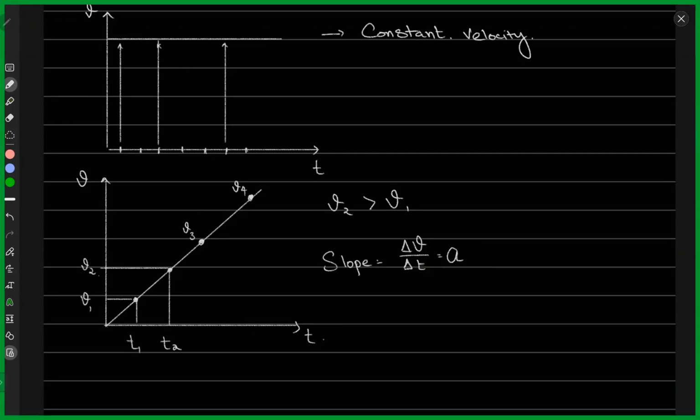So this means that this slope represents a constant acceleration, right? It's just going to be a constant number, which is not going to change or vary. So the slope of this velocity time graph gives you a constant acceleration.